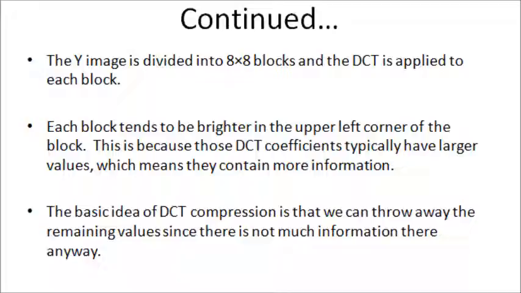Also note that each block tends to be brighter at the upper left corner of the block. This is because the DCT coefficients have larger values there, implying more information is contained within them. So, DCT compression allows us to throw away the information of less importance, thus providing considerable compression.